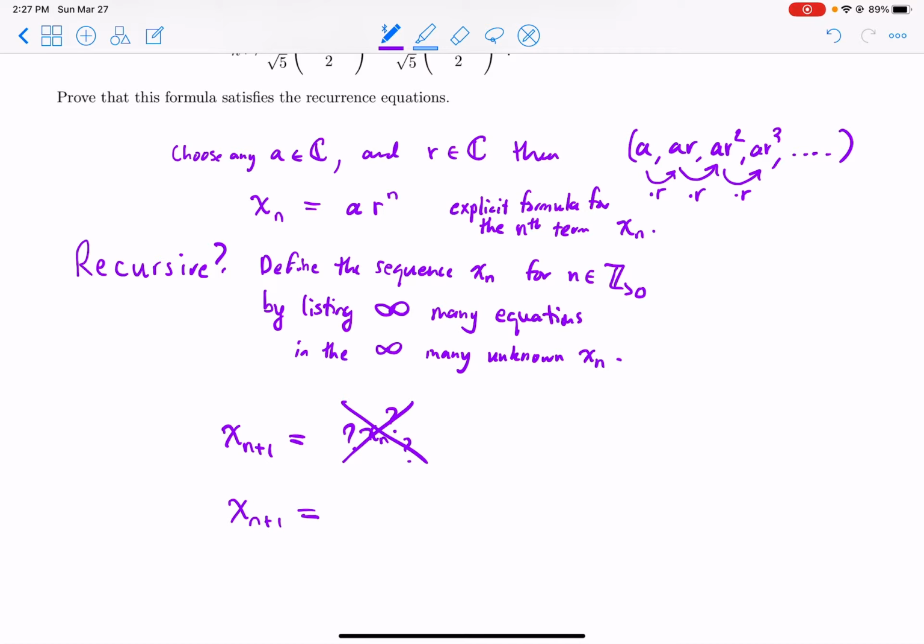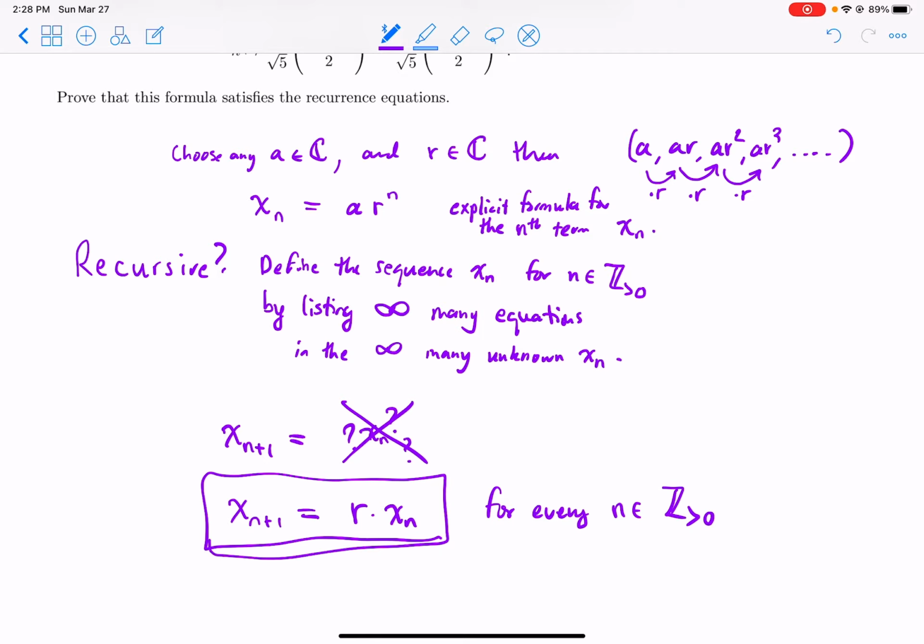X sub n plus 1 is equal to R times x sub n for every n, wherever we start the sequence, whether we started at 0 or 1 or 2 or whatever. So this is infinitely many equations. In order to solve this list of equations, you have to say what the first thing is doing. So I'm going to say x sub 0 is A.